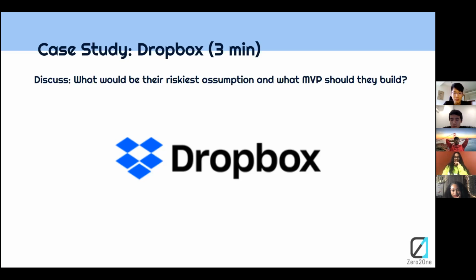I saw that Dropbox, the basic version, has like 175 file formats you can use. And for an MVP, we thought that at first it could target a specific base of audience, or people that use specific file formats, maybe instead of multiple. So that's pretty much what we got.